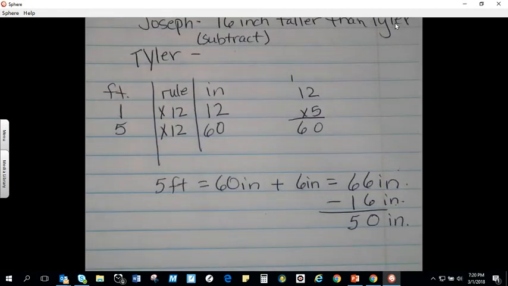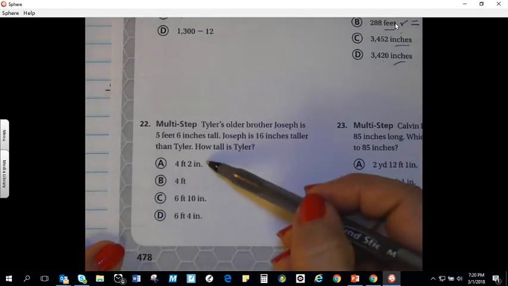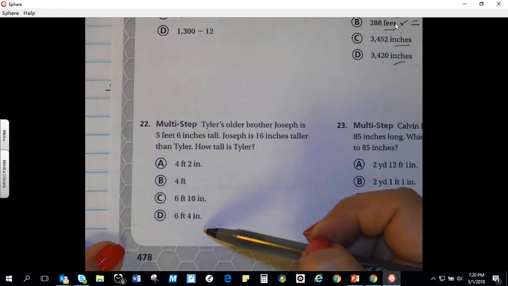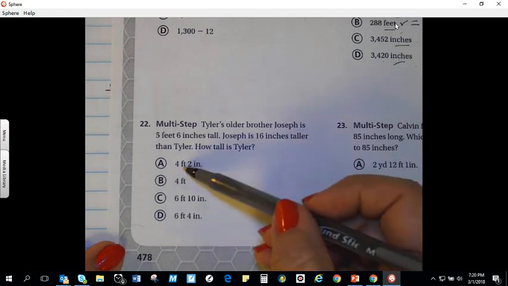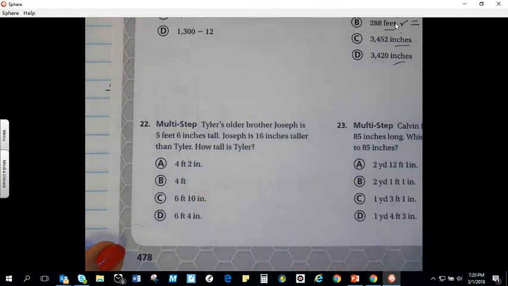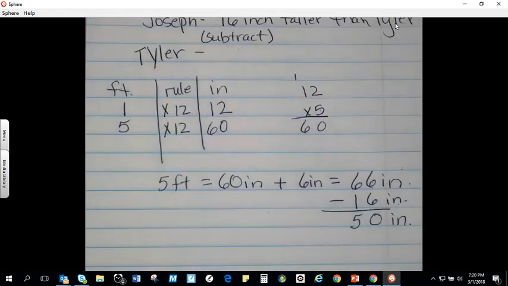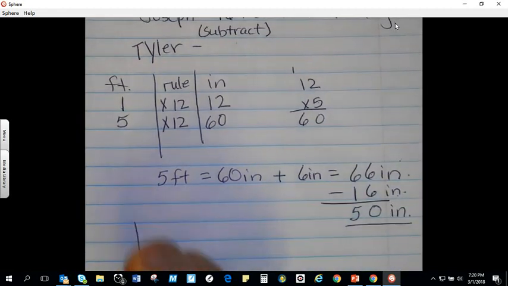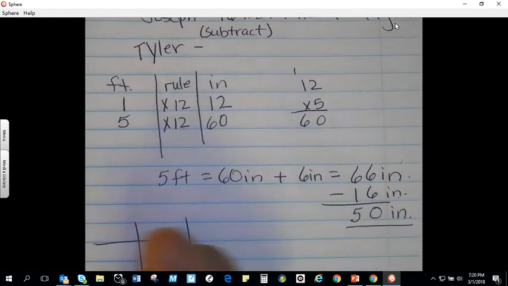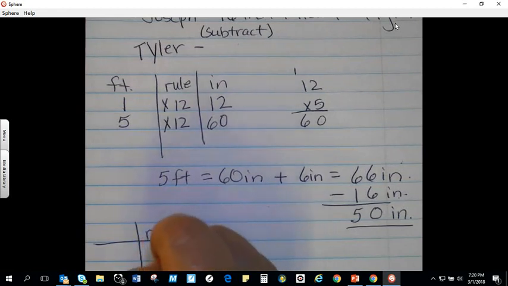But I'm going to come over here and I'm looking at my answer choices. I don't see 50 inches. So now I need to convert back into feet. So I'm taking my 50 inches and I'm going to make another chart. So you see how I'm doing it? You're with me?